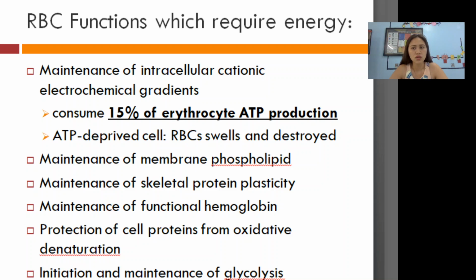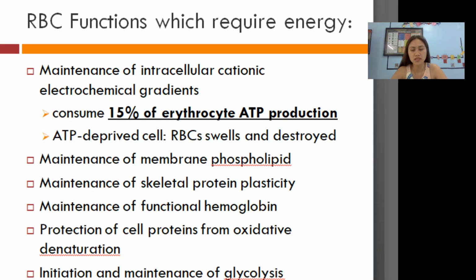Other functions of your RBC that require energy: you have maintenance of your membrane phospholipids or lipid bilayer. It needs energy. Another is maintenance of skeletal protein plasticity, and also maintenance of functional hemoglobin, the hemoglobin that is located inside of our RBC, and then the protection of cell proteins from oxidative denaturation.